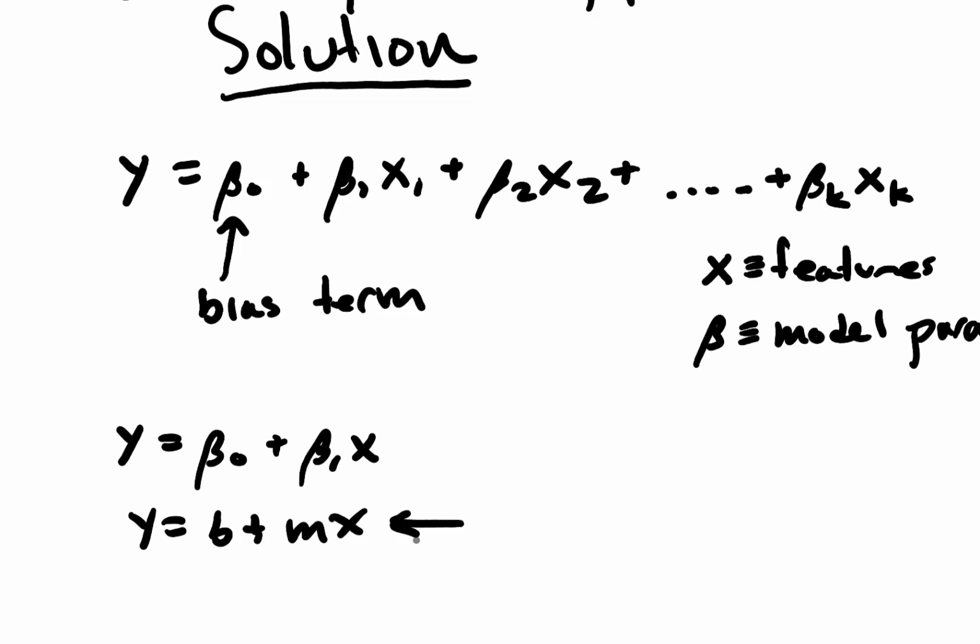One thing I want to point out, because I see this question sometimes, is why do we use m in our simple linear regression equation, but then we're using beta, or sometimes people use theta. I've seen a lot of different terms used for the model parameters.